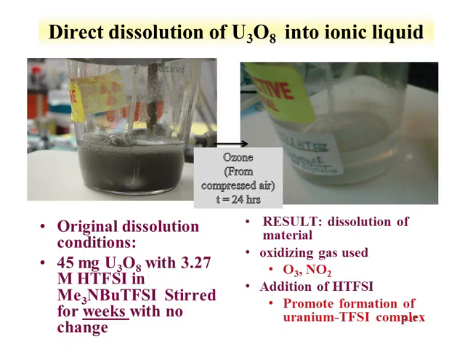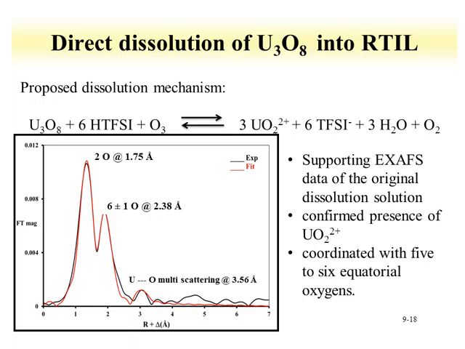And here's an example of some direct dissolution of uranium, where U3O8, treated with ozone, goes from being a solid to a solution phase. We get a dissolution of the material. Then evaluation: we did UV-vis spectroscopy, and here's some XAFS data of the uranium. We see these two oxygens, which are the yl oxygens on uranyl. These are the coordinating oxygens from TFSI.